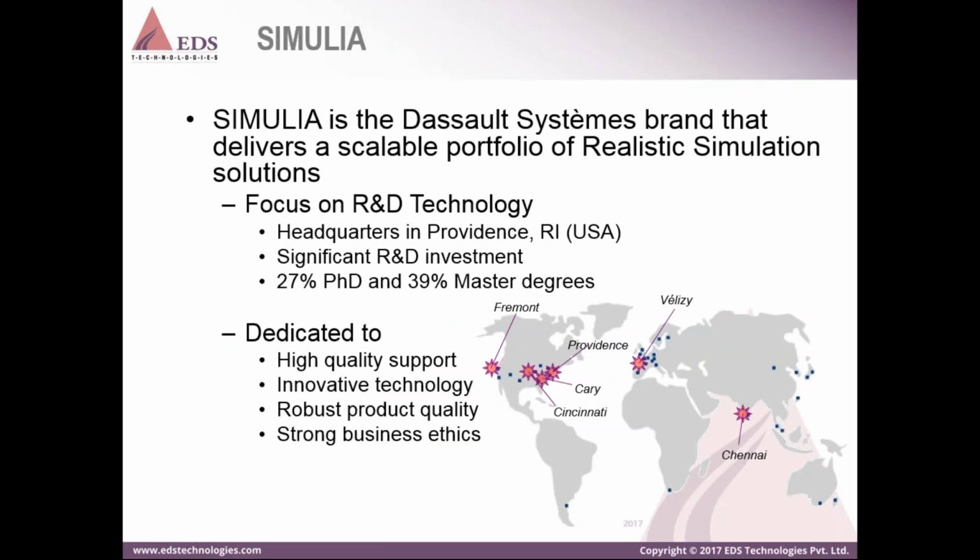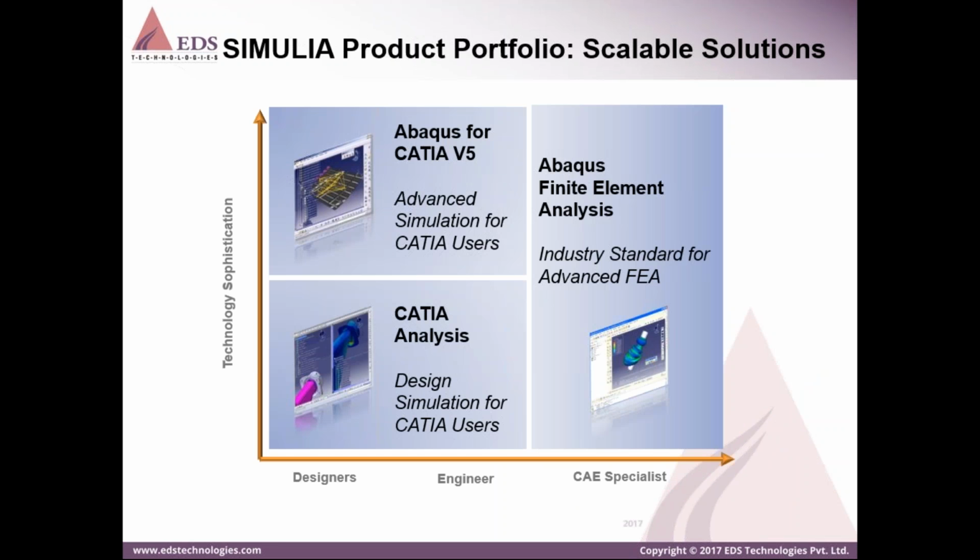This CATIA analysis comes under SIMULIA. SIMULIA is nothing but simulation. Along with that, for higher capabilities, we have other products, which will be very clear through this chart of technology sophistication versus different roles. Here CATIA analysis comes in, where the designers are using CATIA.